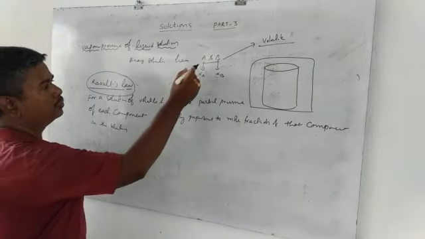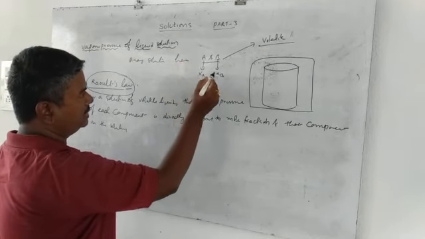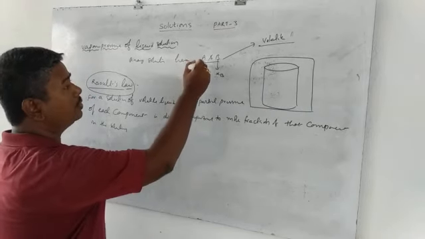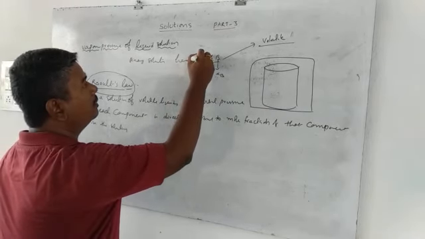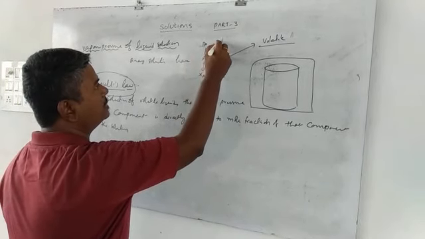So here two components, a binary solution, A and B. Their mole fractions are XA and XB. The partial pressures are PA and PB.